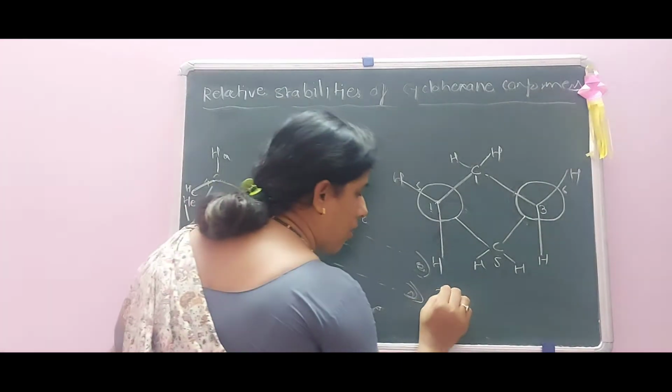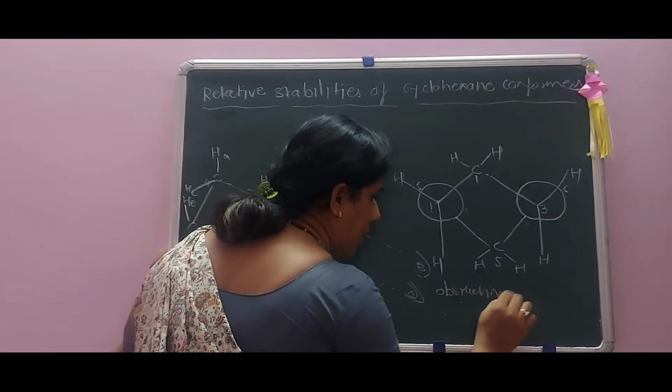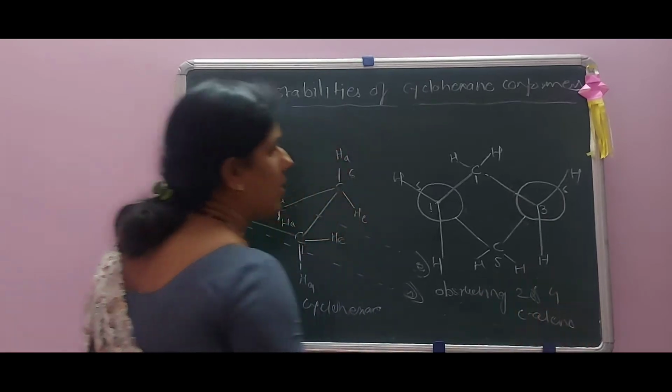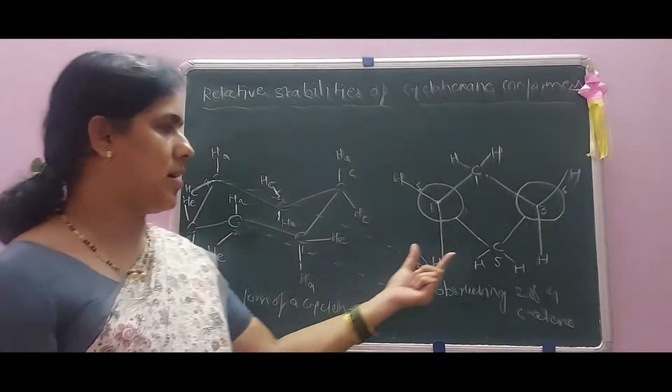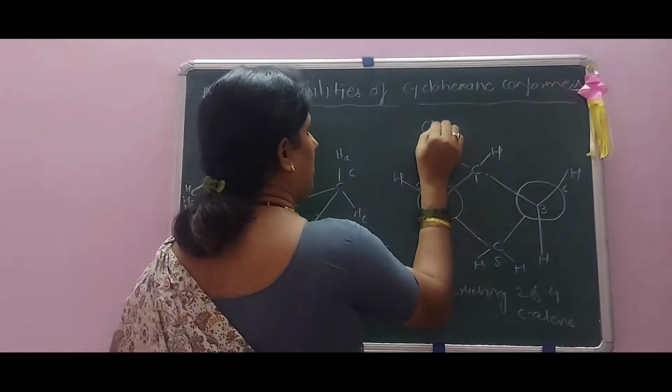That is our obstructing of the 2 and 4 carbon atoms. This is the structure for cyclohexane in a chair form.